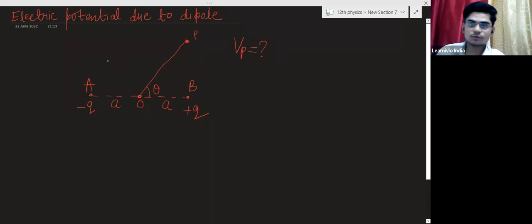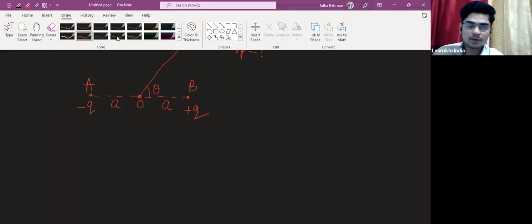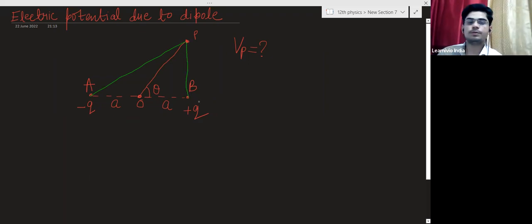So what I will do here is join A to P and B to P. BP is a straight line; it is not looking like a straight line, but BP is a straight line.